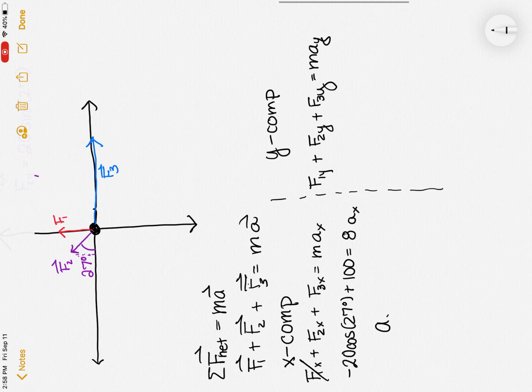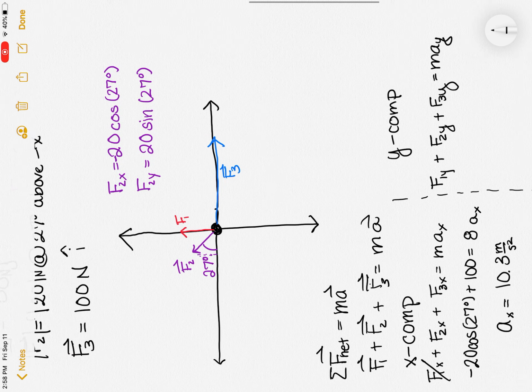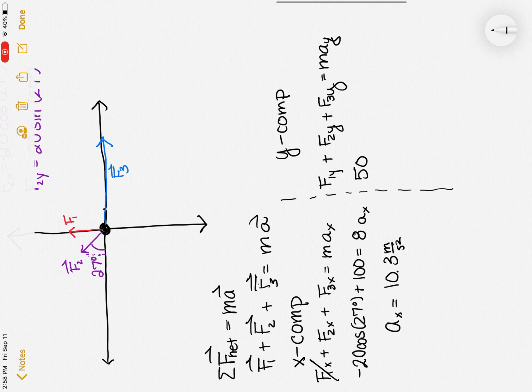And I get an acceleration here of 10.3 meters per second squared in the x direction. So for the y, I do have F1y. It only exists in the y, plus 20 sine 27 degrees. I don't have any y component in F3, and so that's going to be equal to 8 times ay. So here I have ay is going to be equal to 7.4 meters per second squared.